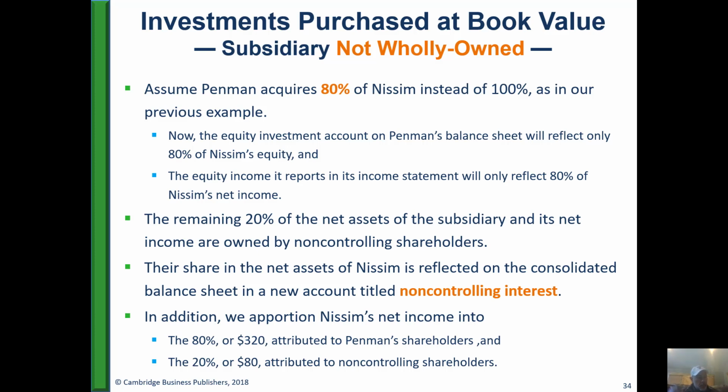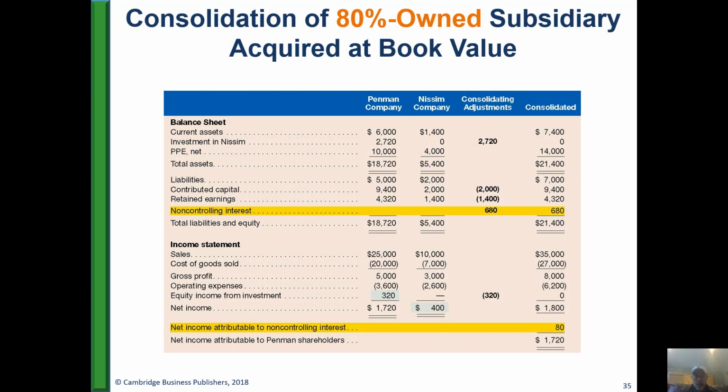Okay, I'm going to skip through this slide here and highlight a couple of things. Now this one is the consolidation of an 80% owned subsidiary. The last one was 100% owned, so we did not have the minority interest.